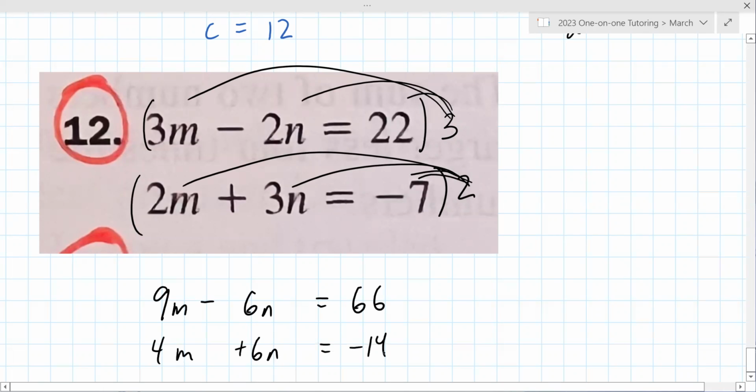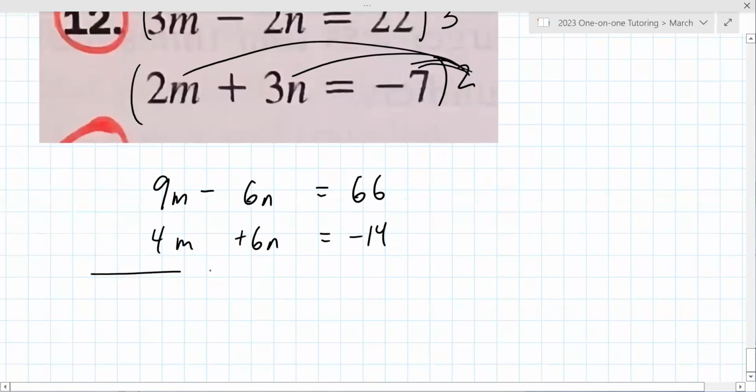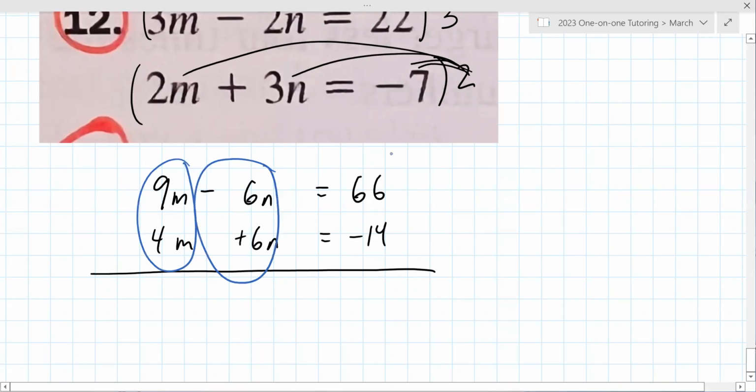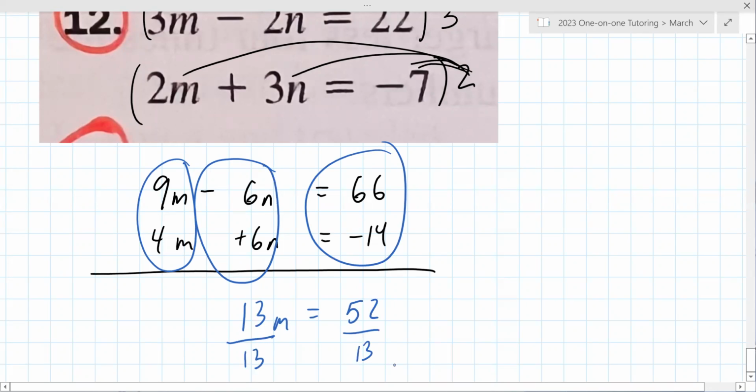And again, what you're looking for is opposite in sign. See how it's -6n plus 6n? That's what you're looking for. So that cancels out, right? Yeah, exactly. And you just add them column by column. So you get 13m equals 52. Divide by 13, and m equals 4.